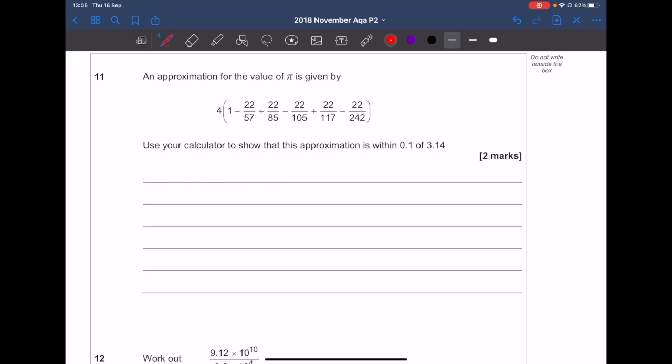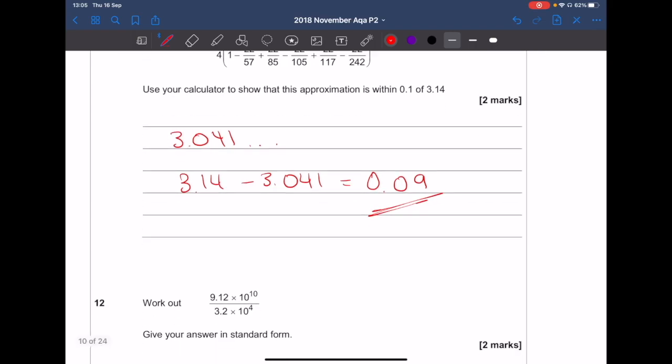And it gives us 3.041. And you get 1 mark for that. 3.14 take away 3.041 gives us 0.09. And therefore, you can actually prove it. That is that. So 2 marks here. Silly question, really.